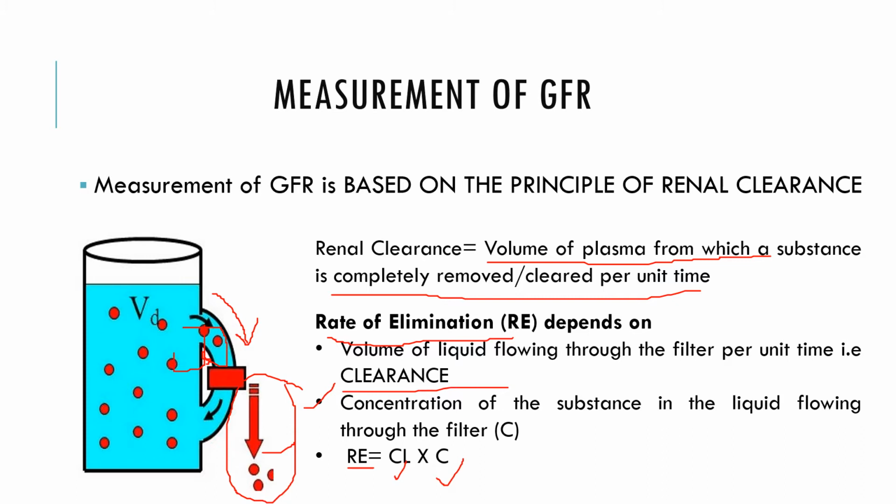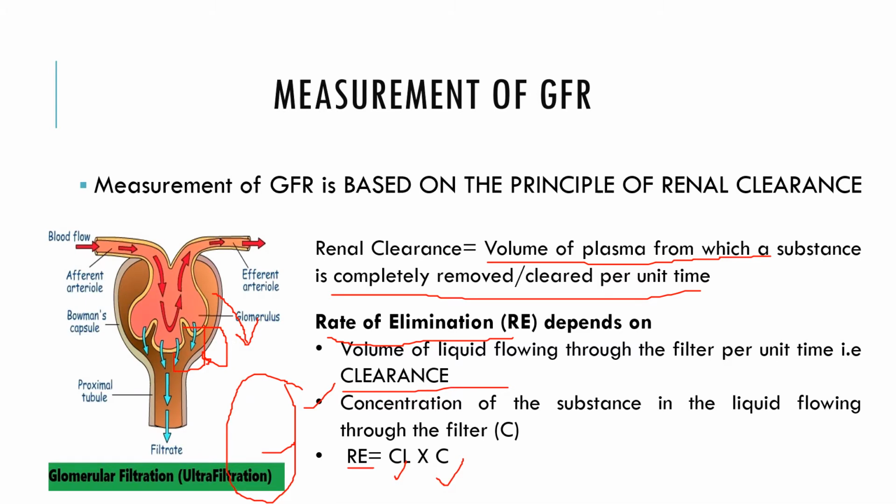Now in our body, where lies this filter? When we are talking about the kidney and the filtration barrier, our filtering membrane is the glomerular filtration barrier or glomerular capillary membrane. This is our filtration slit or filtration barrier through which the blood plasma is passing.